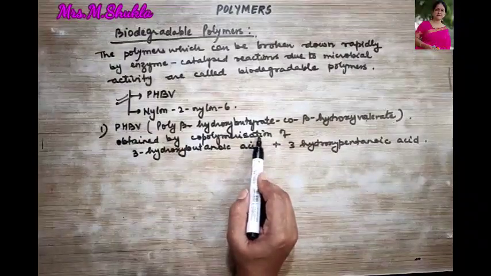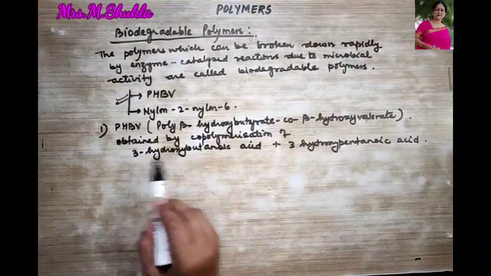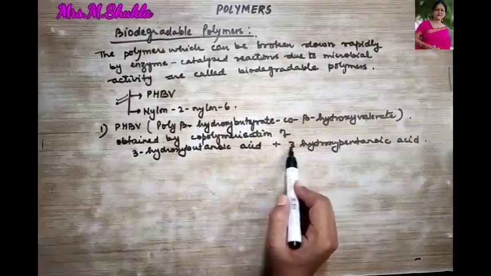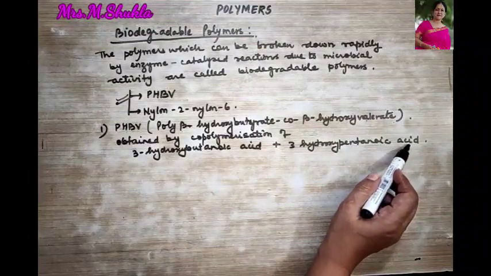So how do we obtain PHBV? By copolymerization of 3-hydroxybutanoic acid and 3-hydroxypentanoic acid.